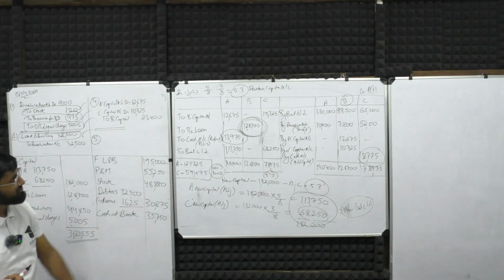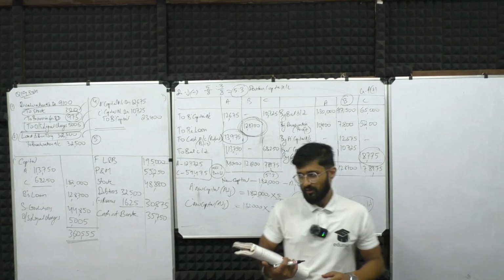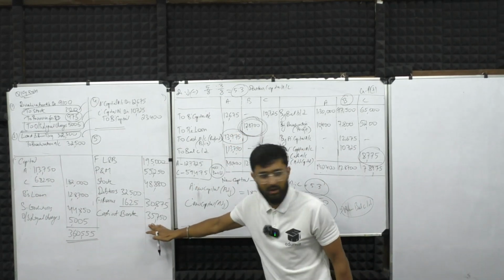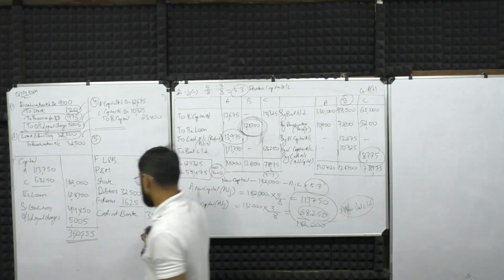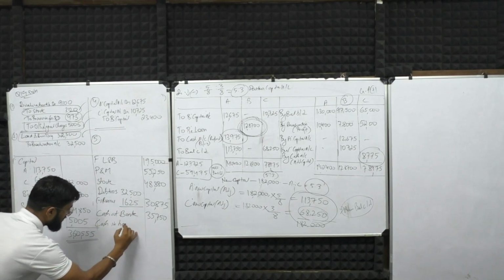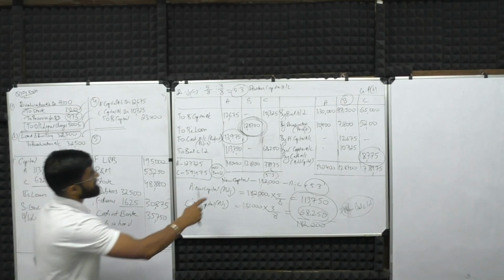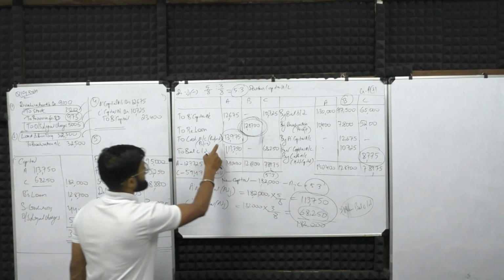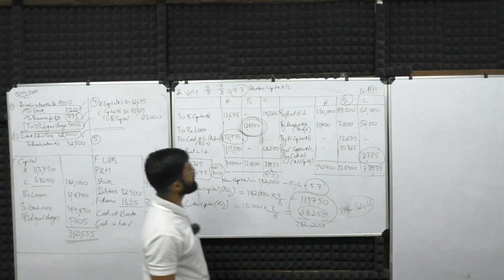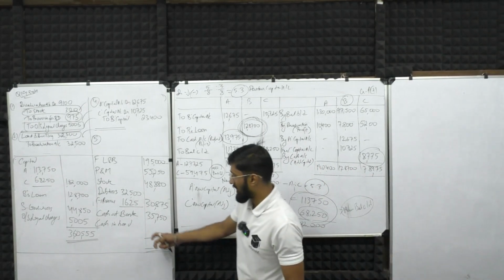Cash at bank and cash in hand account are made together into them. We will have to make a different account for cash.